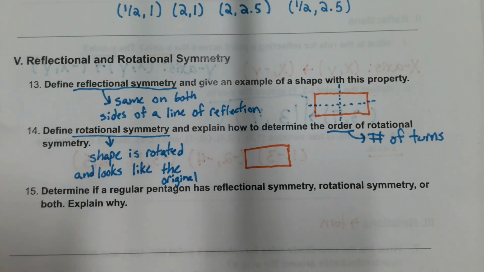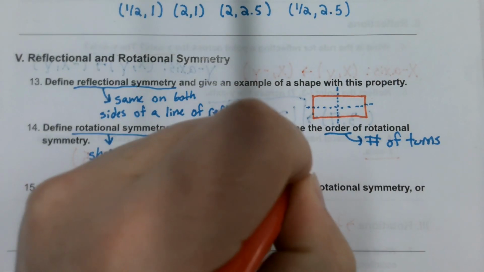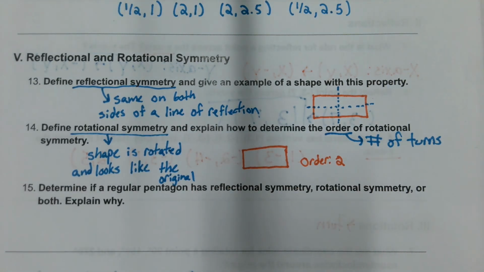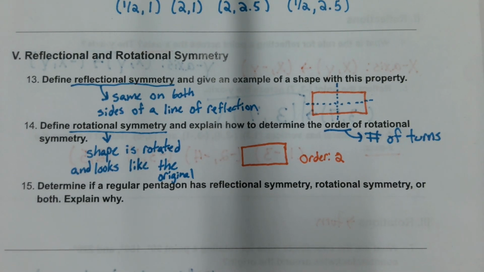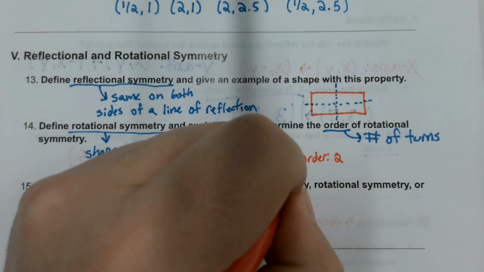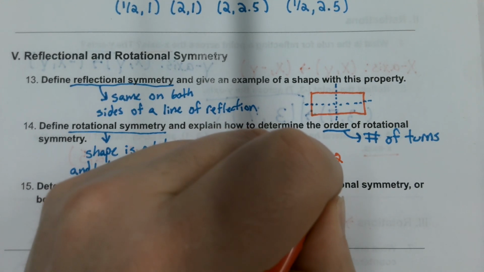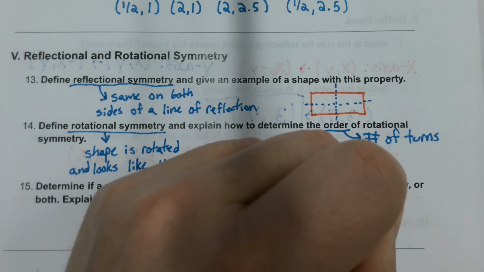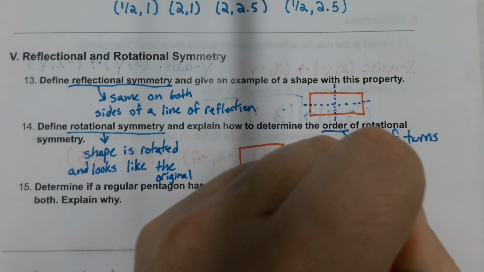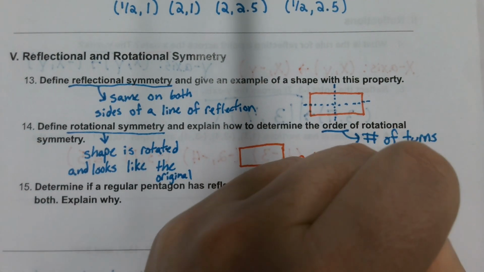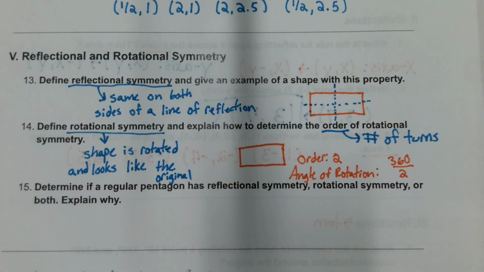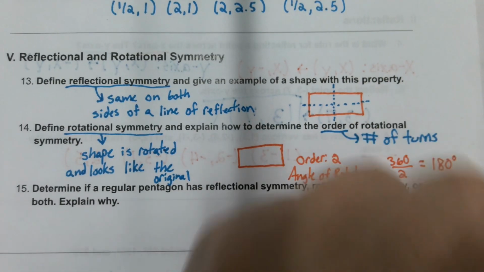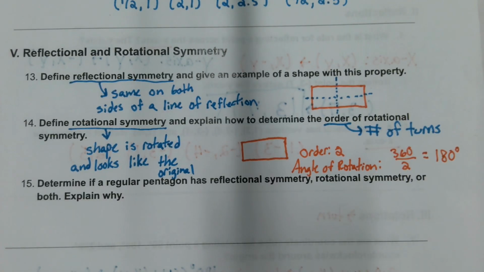So here, my order would be 2 because I could turn this rectangle twice to where it looks the same. And if we're thinking of angle of rotation, that's going to be 360 total degrees divided by the amount of turns we could make, which is the order, or 2. So that means every 180 degrees, my rectangle looks the same.